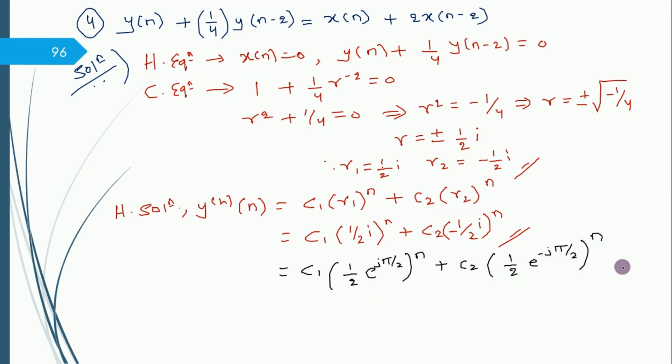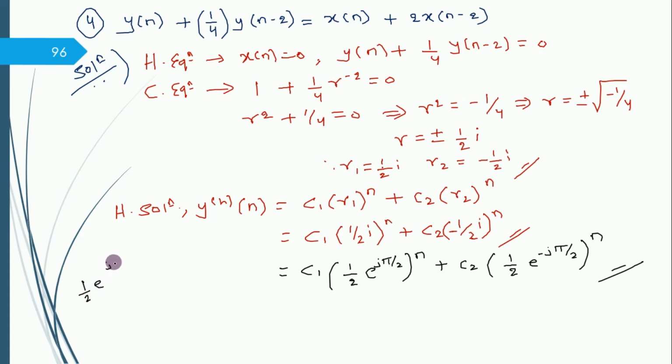Now, why are these twists made in the GATE exams or competitive exams? Now you need to analyze why it has been written e raised to j pi by 2 in the place of i, and why they have written e raised to minus j pi by 2 in the place of minus i. That is what you need to consider. So half into e raised to j pi by 2.